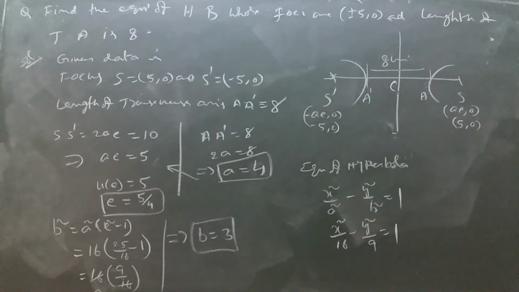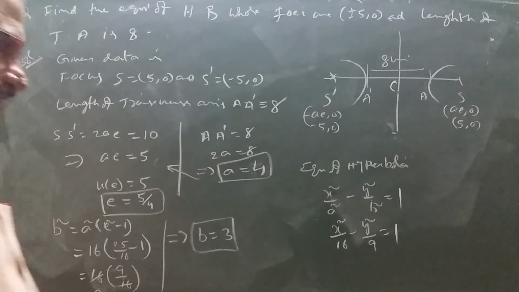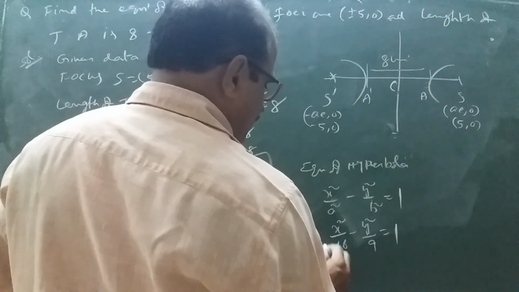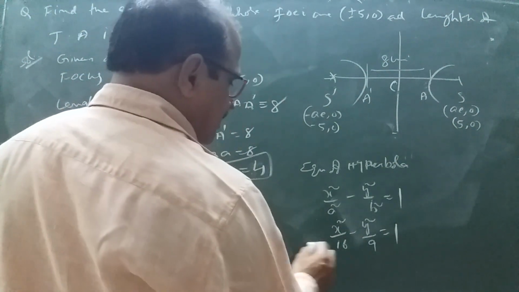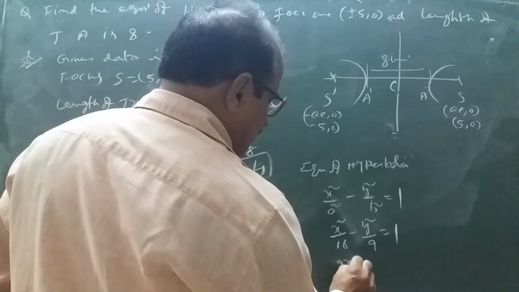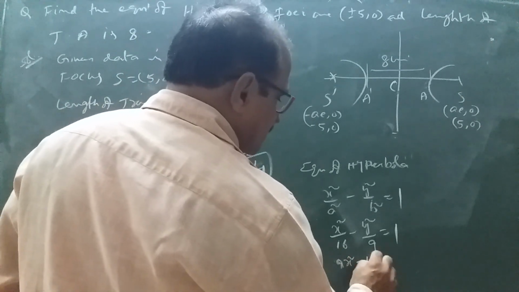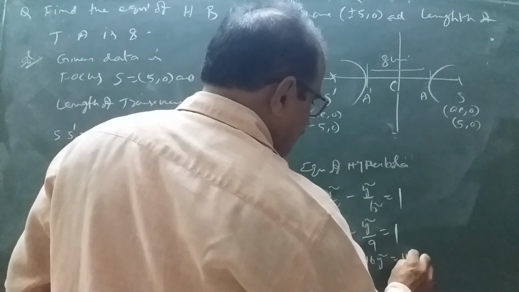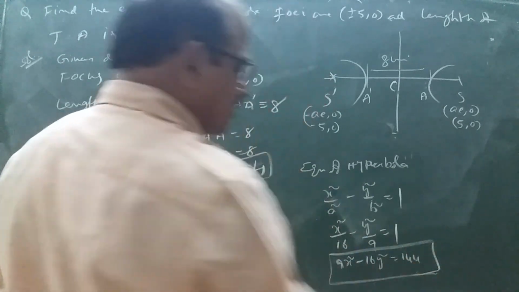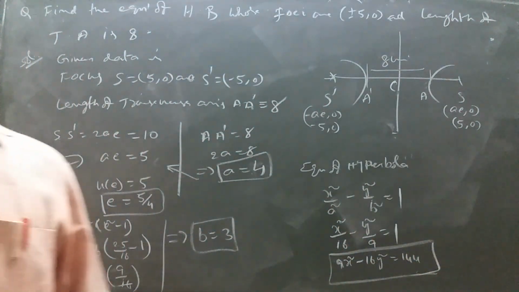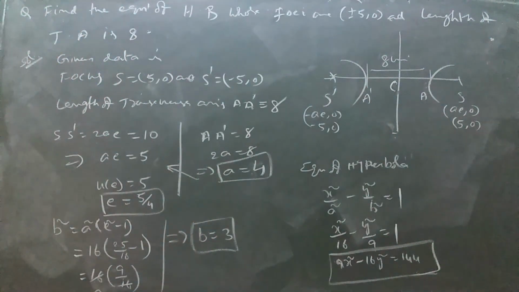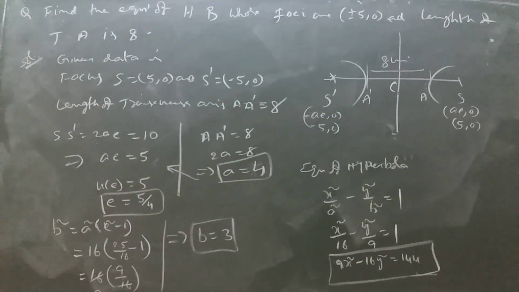If we simplify this, if we multiply by 144, that is LCM of these two denominators, this can be written as 9x square minus 16y square is equal to 144. This is the required equation of hyperbola. It is very important problem. You have to practice very well.